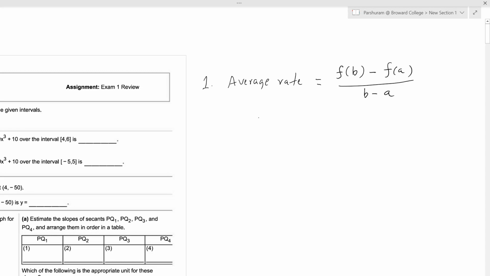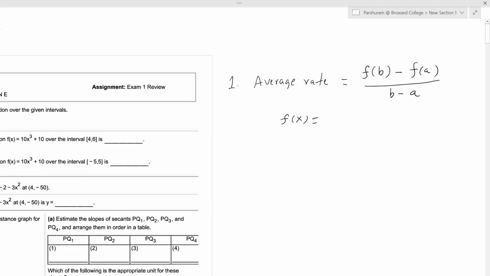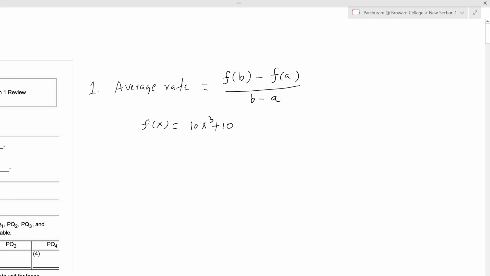So the function for this problem we have given is 10x cubed plus 10, and for the part A there are two parts.